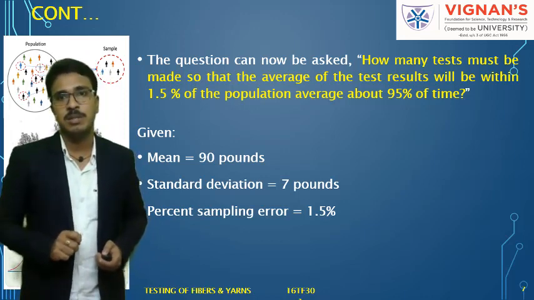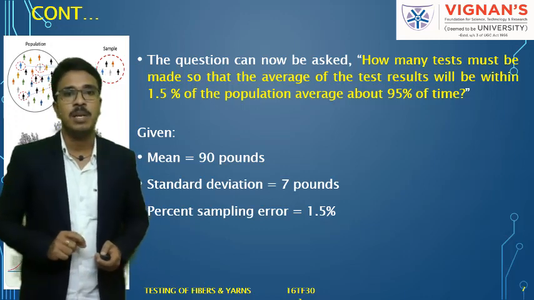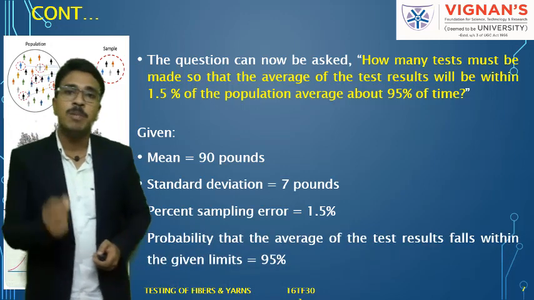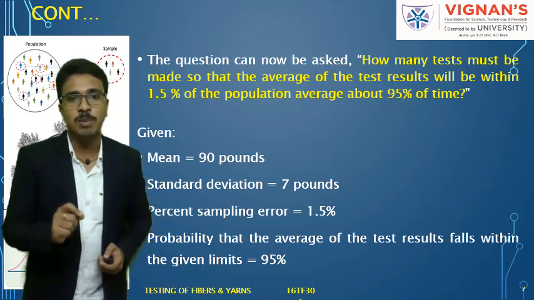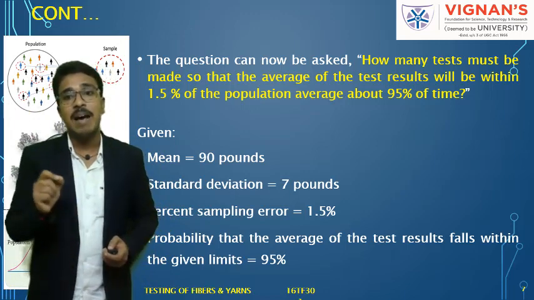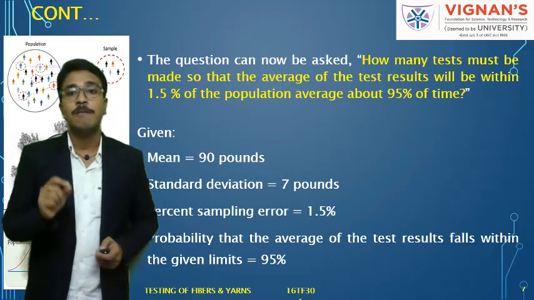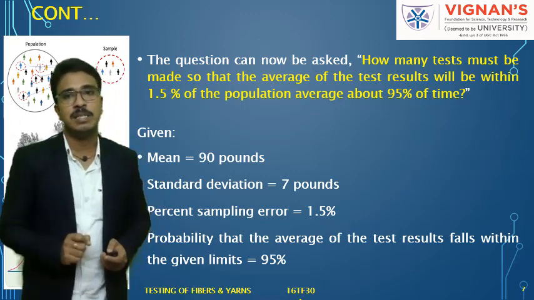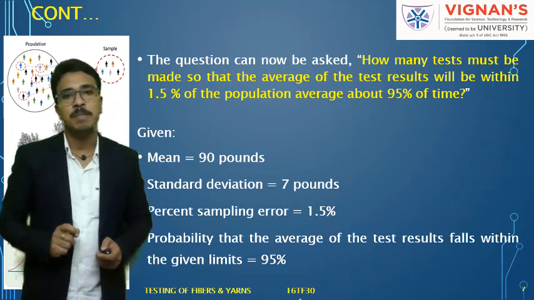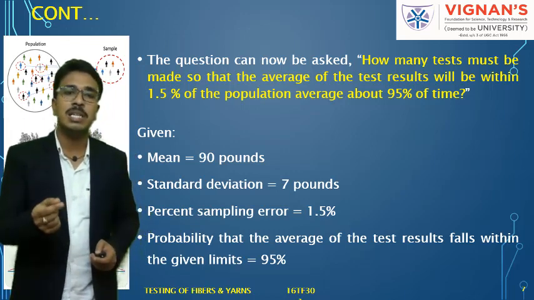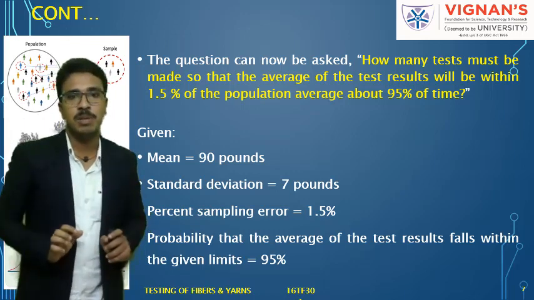And finally, the probability that the average of test results falls within the given limits is also given, that is 95%. So all of these are the information given in the problem.